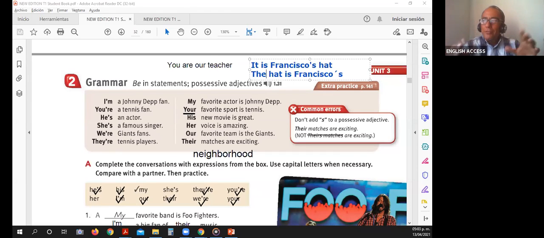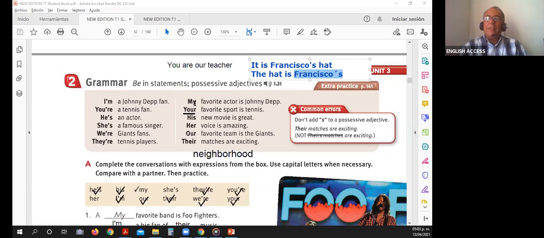We have two ways to say the same information using the possessive noun. That was your question, right, Francisco? Esa era tu pregunta. The order. There is no problem with the order. You can say the same information using these two orders, or also using the possessive adjective.